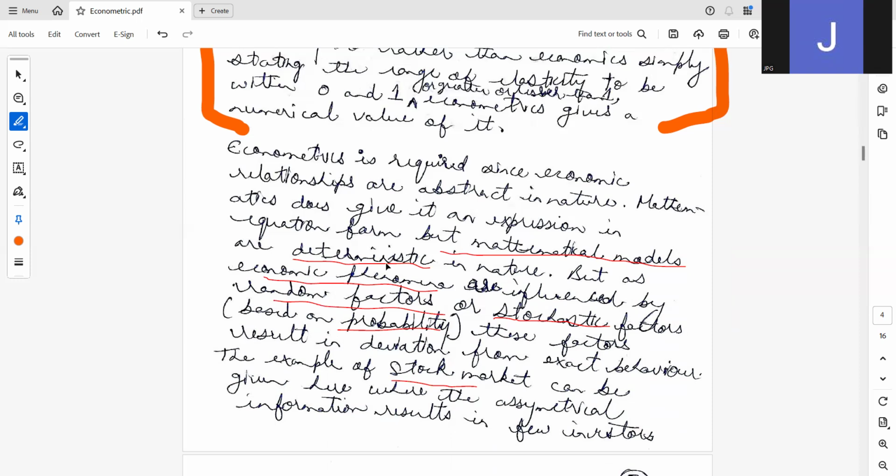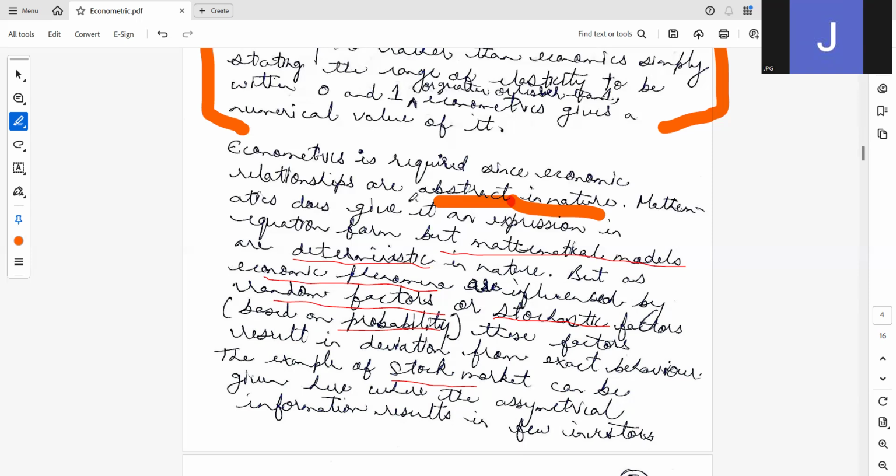Now, why do we say econometrics is required? Since economic relationships are abstract in nature. By this time, yes, of course, we know that relationships, take it in your own human relationships, are also abstract in nature, right? You may have an idea of having a pleasant relationship between you and your mother, right?